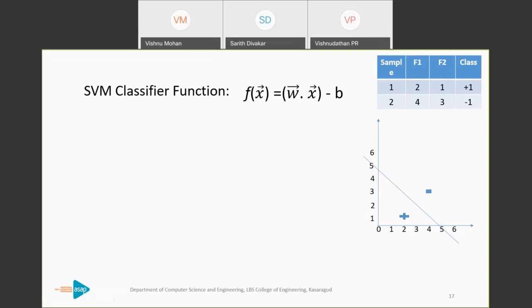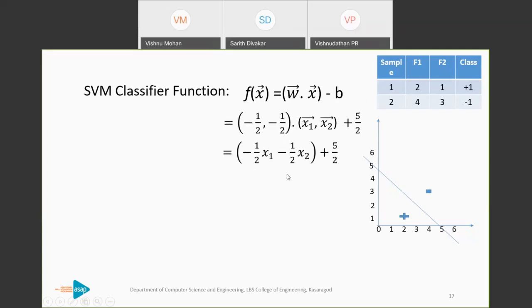Substituting the values of w and b: minus 1 by 2, minus 1 by 2, dot product with x1, x2. The value of b is minus 5 by 2, so it becomes plus 5 by 2. So minus 1 by 2 x1, minus 1 by 2 x2, plus 5 by 2.